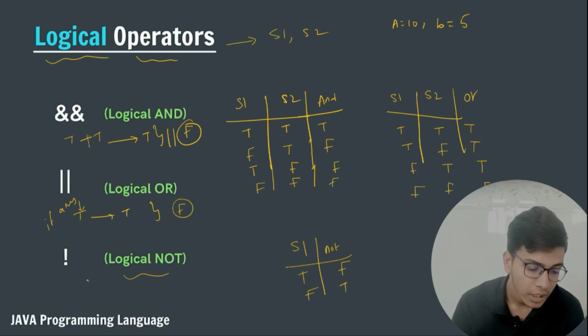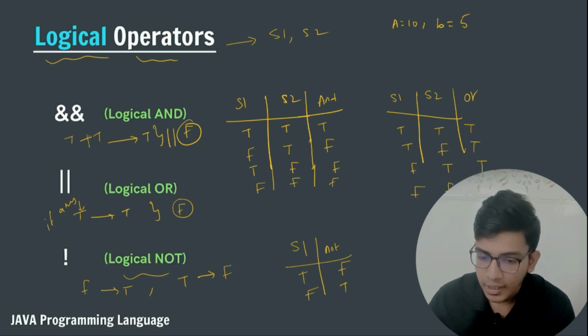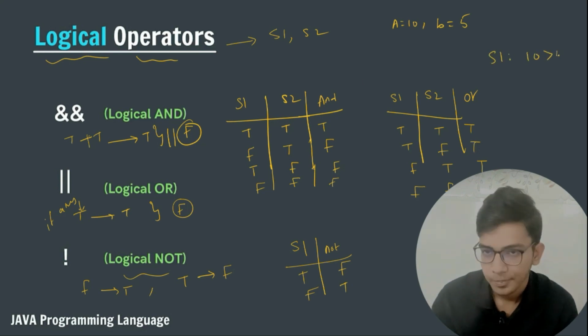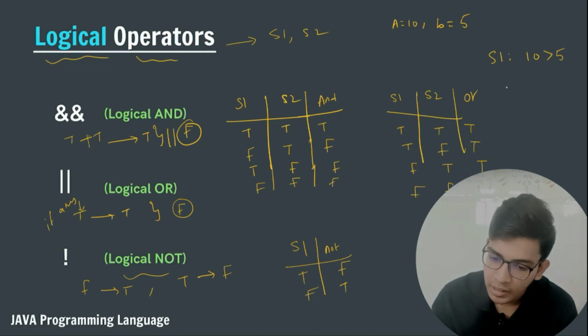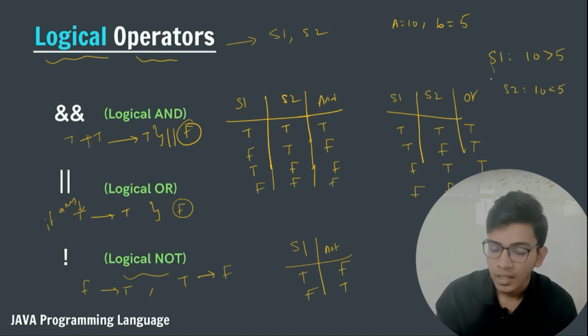And not will give us, if the statement is false, then true. If the statement is true, then logical not will give us false. So let us consider a scenario where statement 1 is 10 is greater than 5, and statement 2 is 10 is less than 5, and let us run the and operation on this.